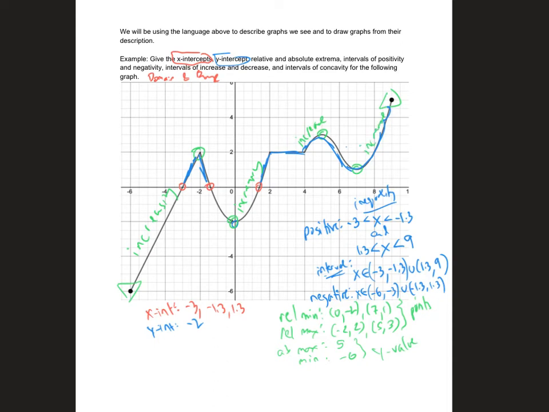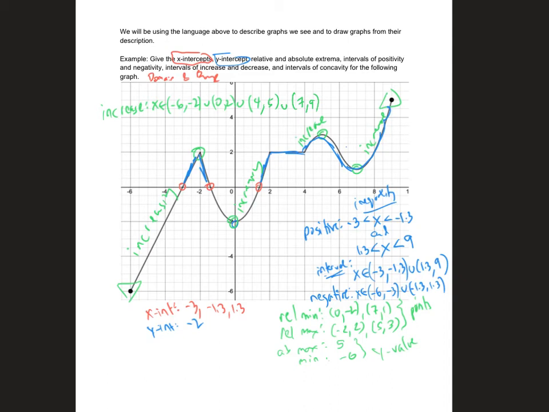So when I write the intervals of increase, that would go from -6 to -2, and then from 0 to 2, and then from 4 to 5, and finally from 7 to 9.